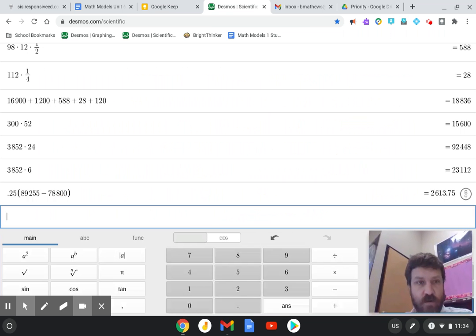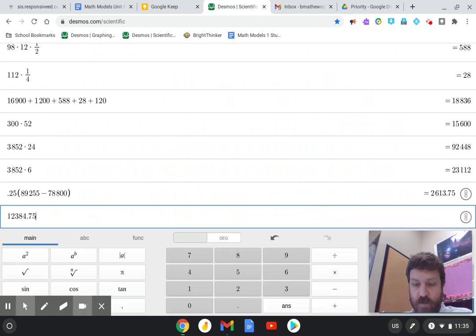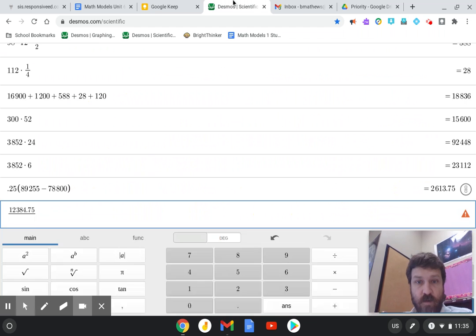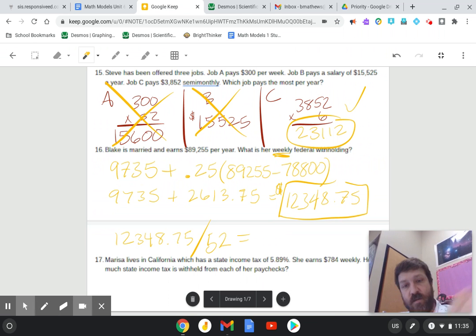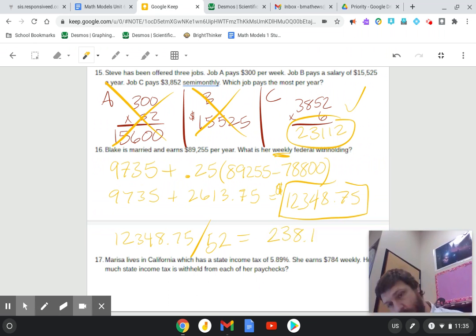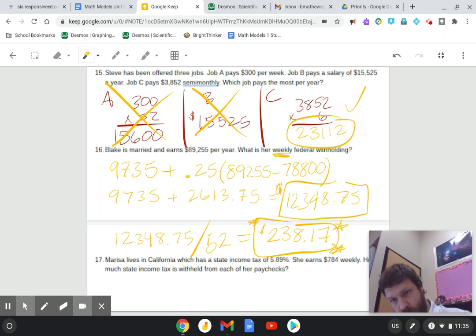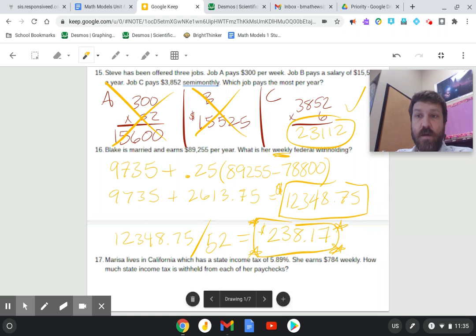So we divide our answer, 12,348.75, by 52. That gives 238.17. This is the answer right here. Sorry about that. I wasn't reading carefully. You got to pay attention to that weekly thing.